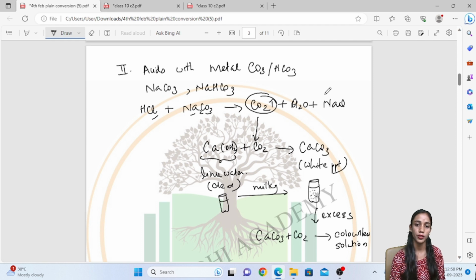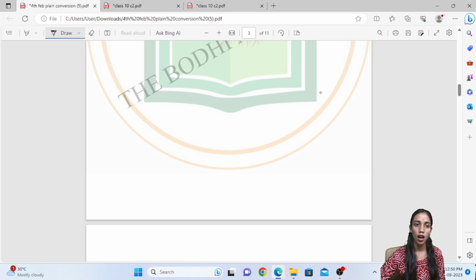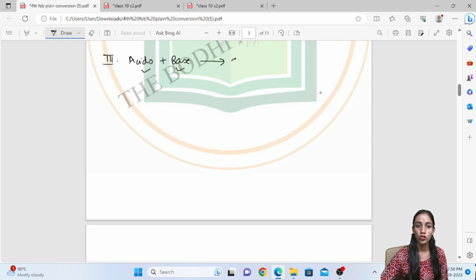Now we will be seeing how acids react with bases, or how acids and bases react with each other. Acids and bases react with each other to form salt and water.